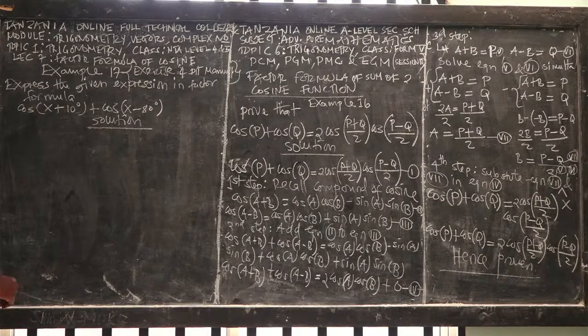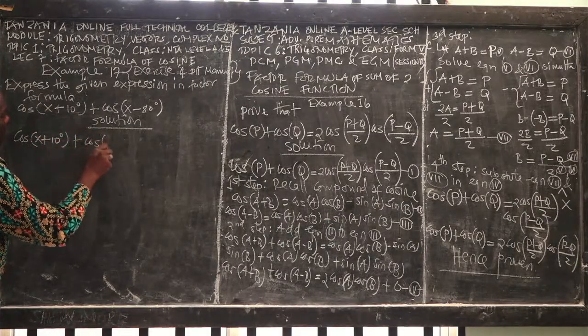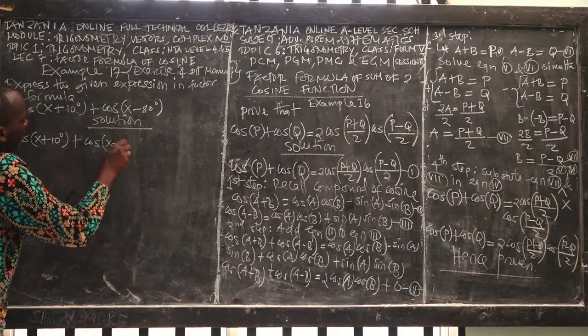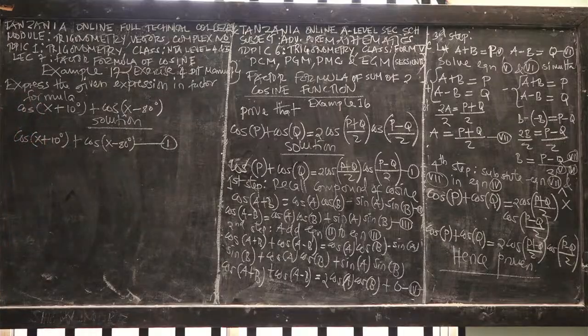Okay, so we do this. Cos x plus 10 degree plus cosine x minus 80 degree. This is expression 1. Once we have this expression, the first step is we examine the given expression.